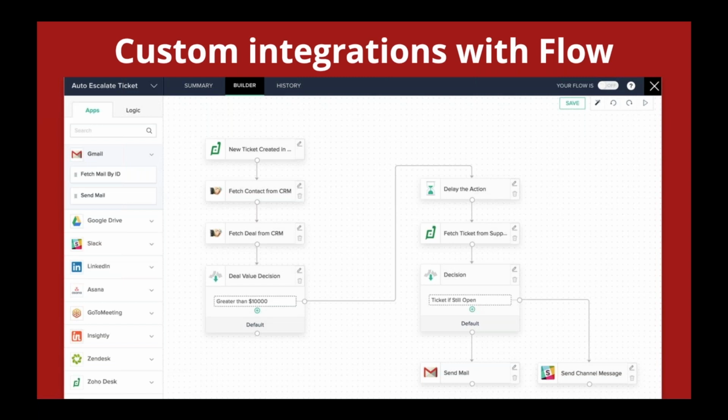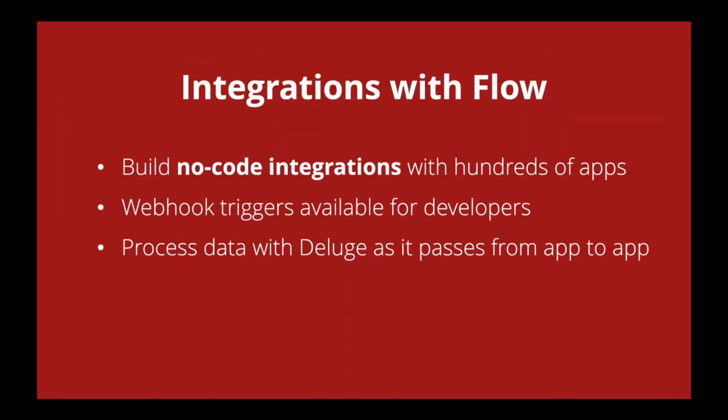If you are a developer, one of the cool things to know about Flow is that you can still use this in a technical way, where you can have a webhook trigger a flow. So you can build an integration a little bit faster than completely doing it from scratch, by doing some of the steps in no code, and then maybe you have some custom software that you've written that can send an API call to Flow to trigger all of that.